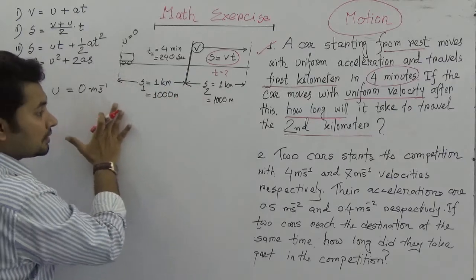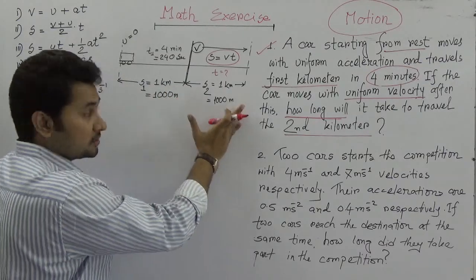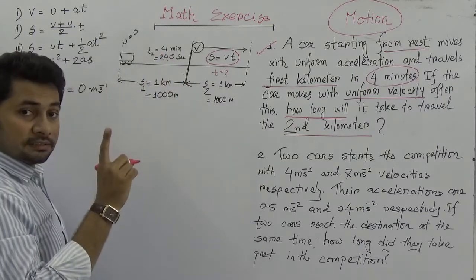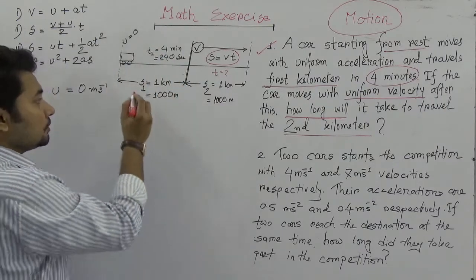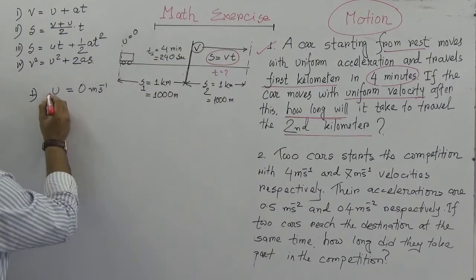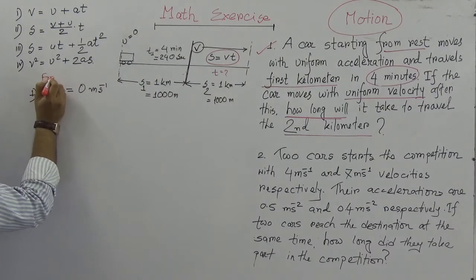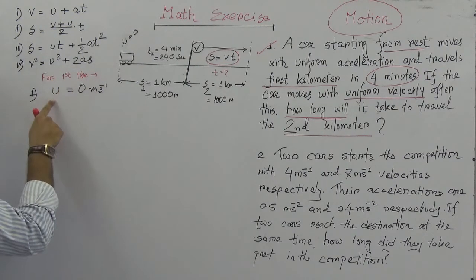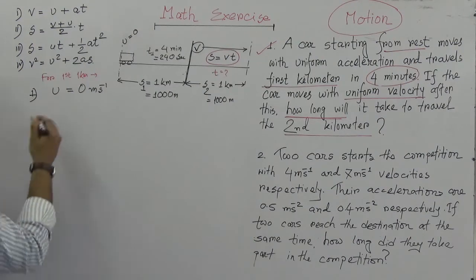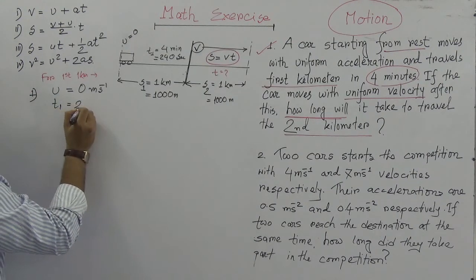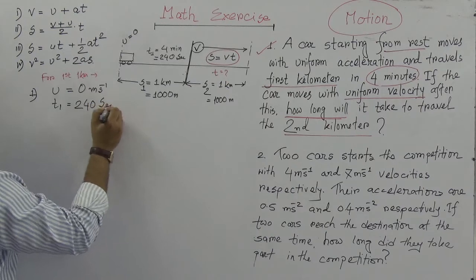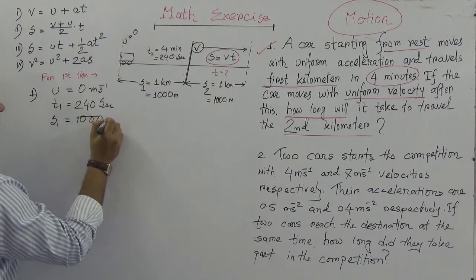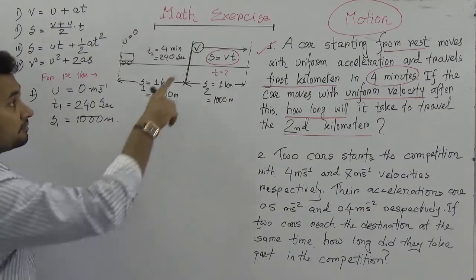Because it's a 2 kilometer road, the first 1 kilometer is traveled with uniform acceleration. So for the first 1 kilometer, we have u, we have t1, which is 240 seconds, and we have s1, which is 1000 meters, but we don't have v.